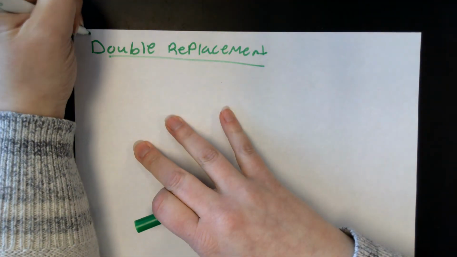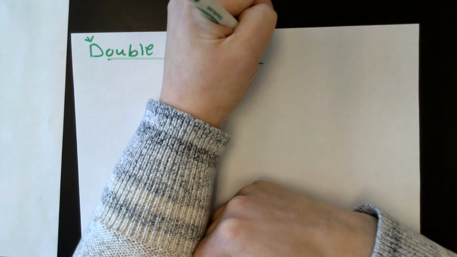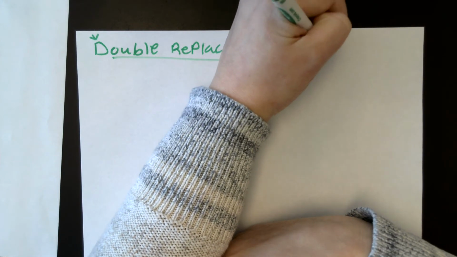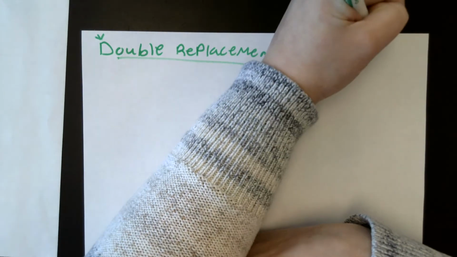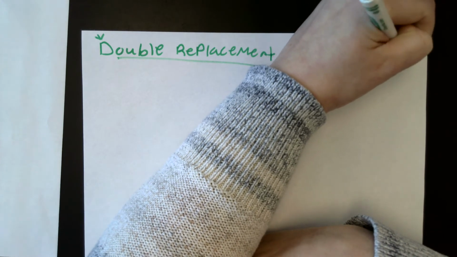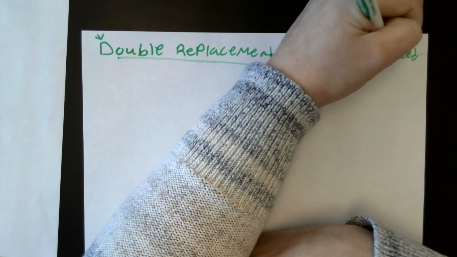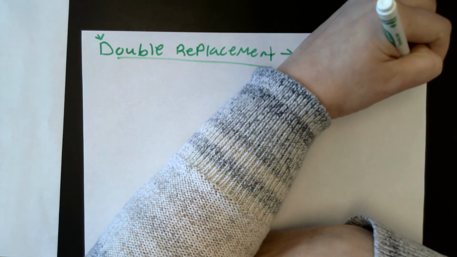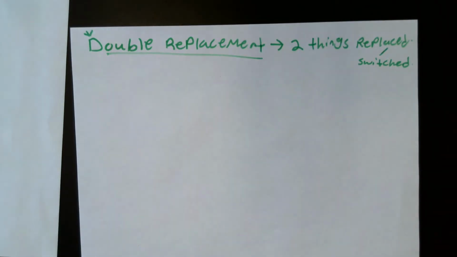And from the word double, double of course means two things. So two things are replaced in this one, or switched. Okay.